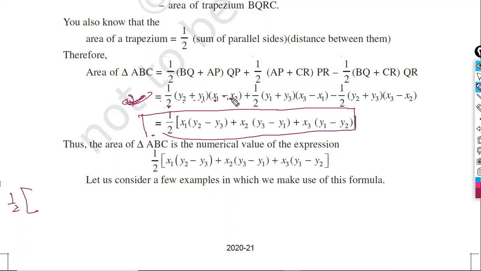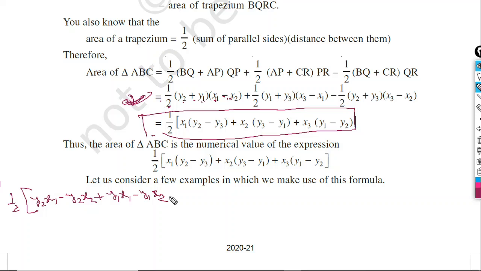So let's write it: y2 x1 minus y2 x2 plus y1 x1 minus y1 x2.